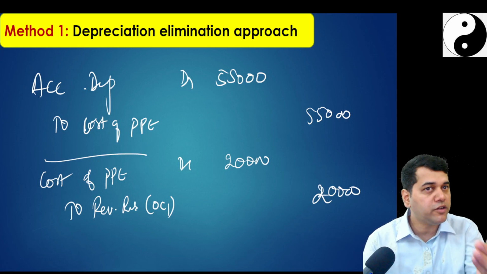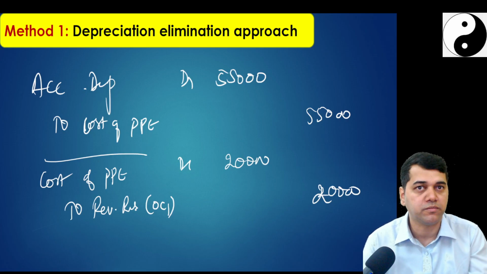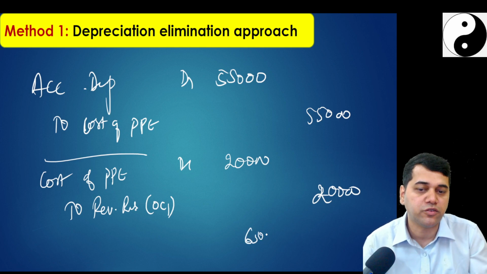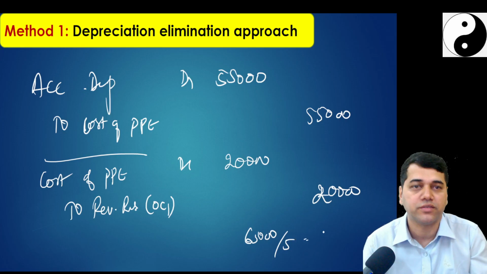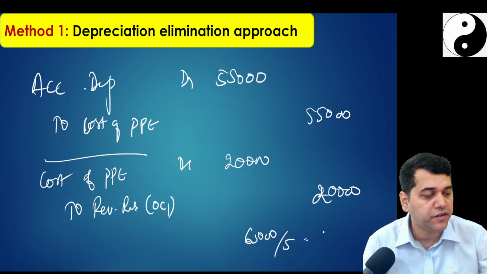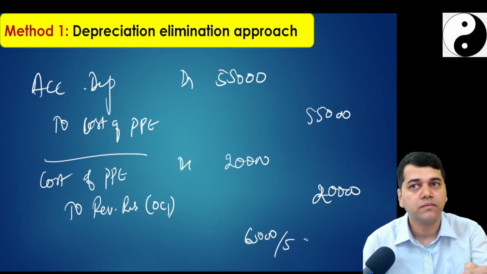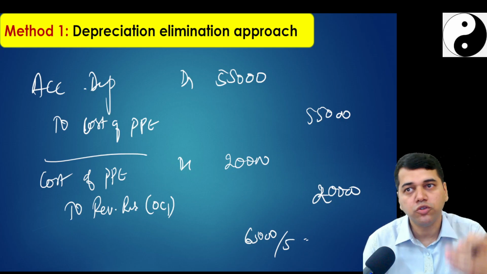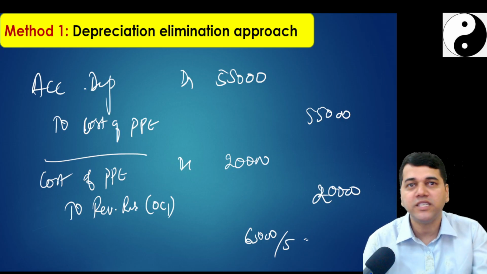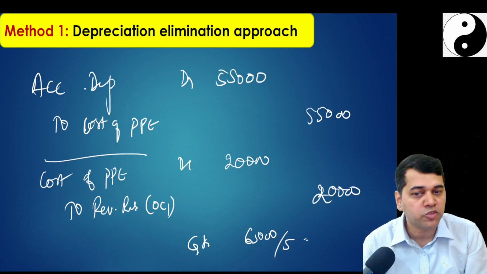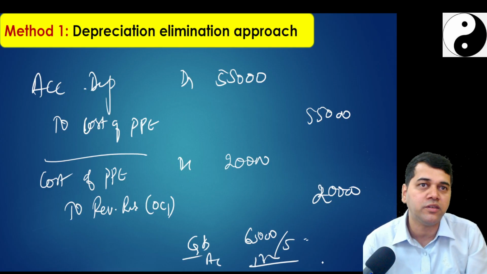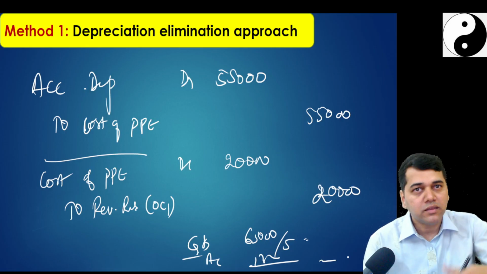Going forward, whenever you want a depreciation, what is the book value? 65,000. What is your life? Say 5 years. So 65,000 divided by 5, 13,000 every year you are going to charge. What entry you pass? Depreciation to accumulated depreciation. So next year again, 65,000 is your gross block minus accumulated depreciation is 13,000. This is your net block. Like this you will go on.